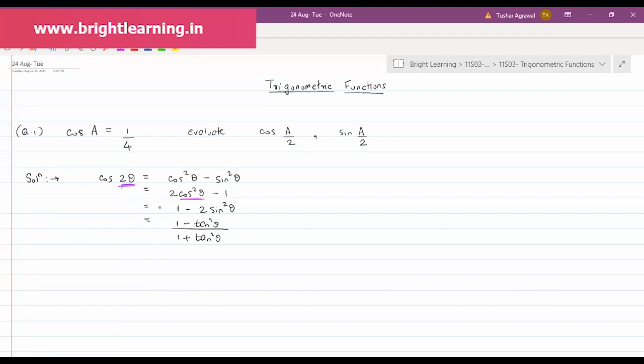If I substitute theta as A by 2, cos A is actually equal to 2 times cos square of the half angle, that is A by 2, minus 1. So cos A is equal to 1 upon 4, so 2 times cos square A by 2 minus 1.